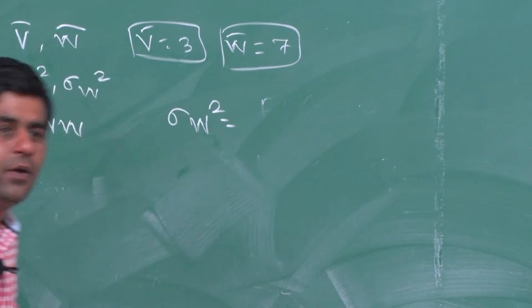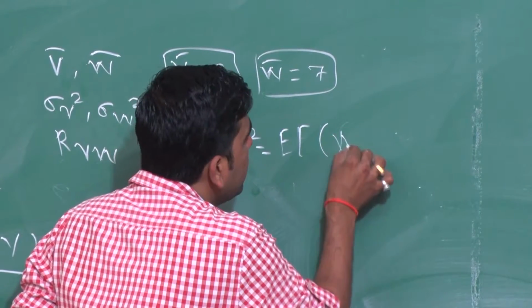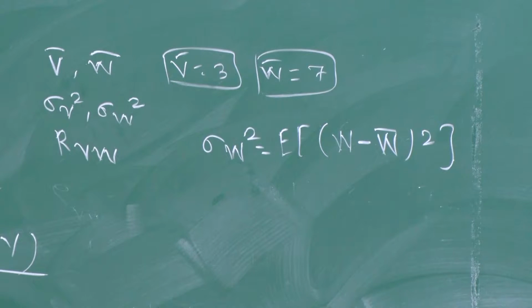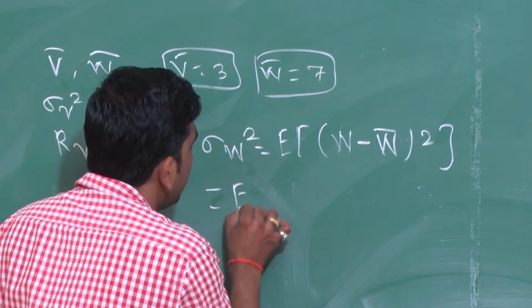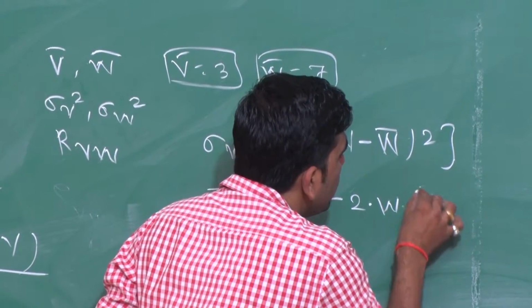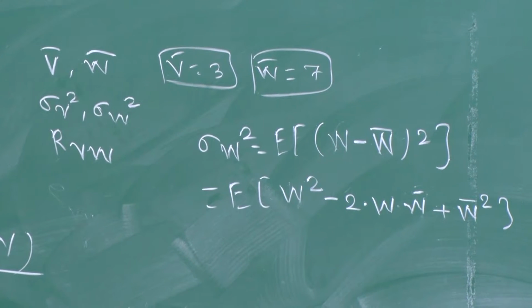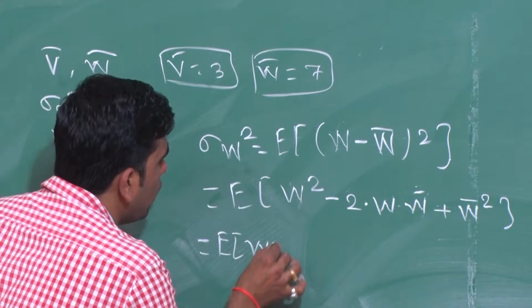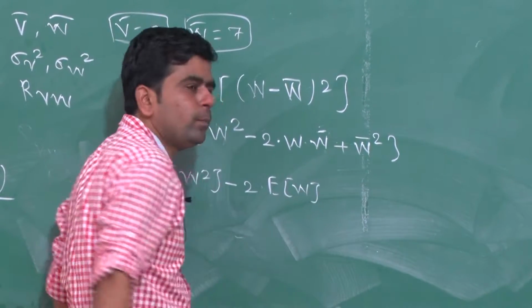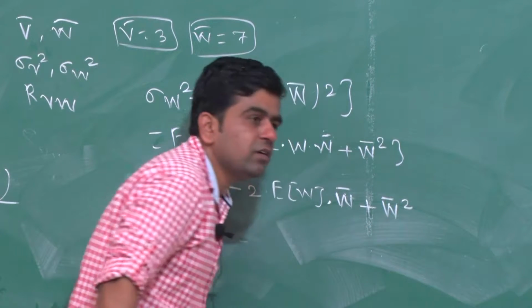Now for the variance of W. Variance of W is given as expected value of W minus W bar, whole square. W minus W bar square is nothing but expected value of W square minus 2 W into W bar plus W bar square. Now here we have expected value of W square minus 2 into expected value of W into W bar plus W bar square.